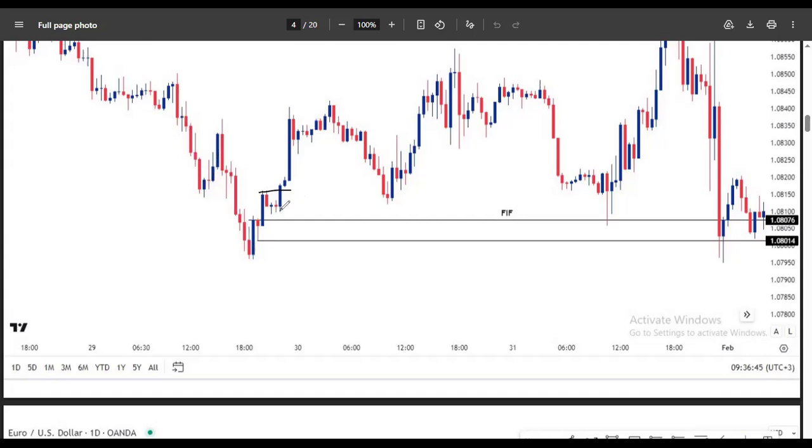We have this formation with an inside formation in it that was taken already. At first, we had this move, and then the market came for the second time, and then we take the last formation, the first formation, which was not consumed and it was clean, and we had this entry right there.